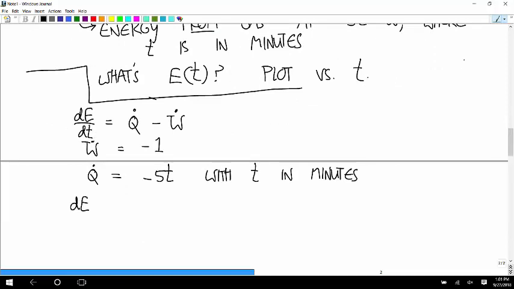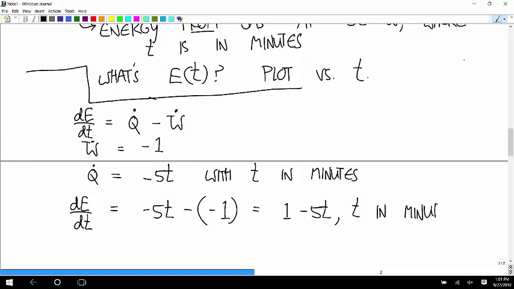So the E dot is equal to -5t minus -1. So it's equal to 1 minus 5t, where t is in minutes. And that value is in kilowatts.